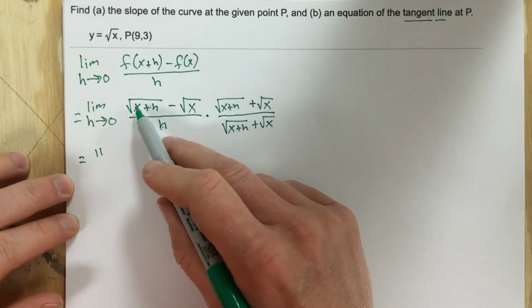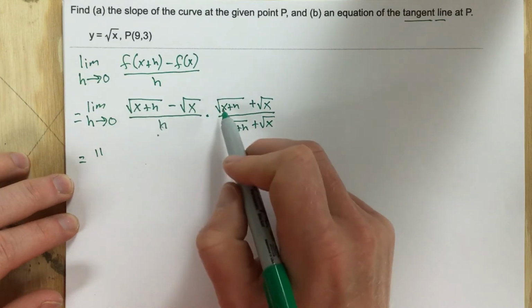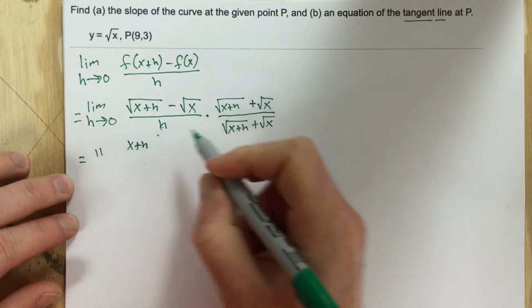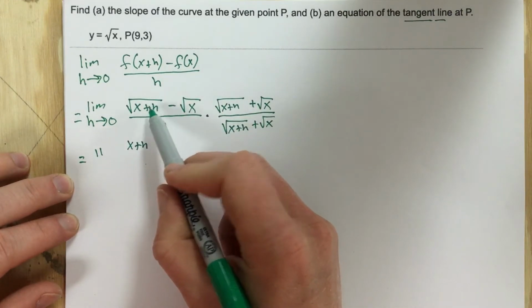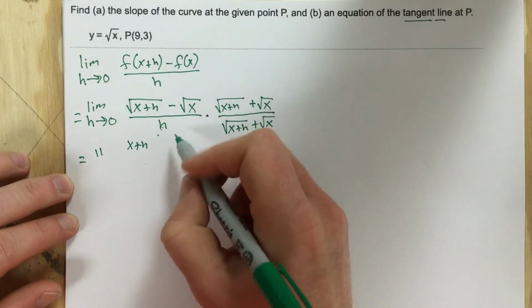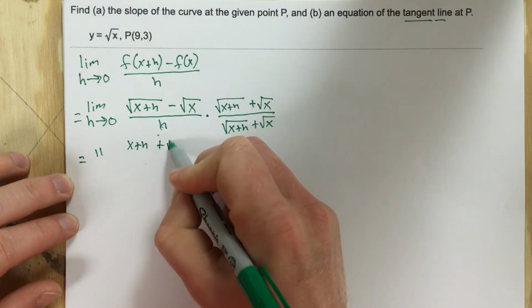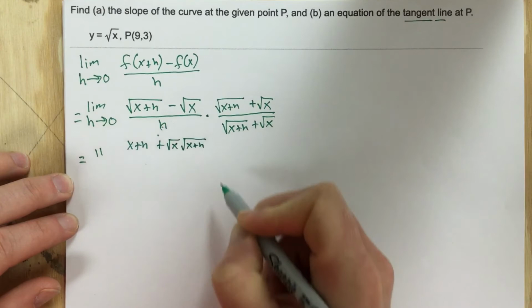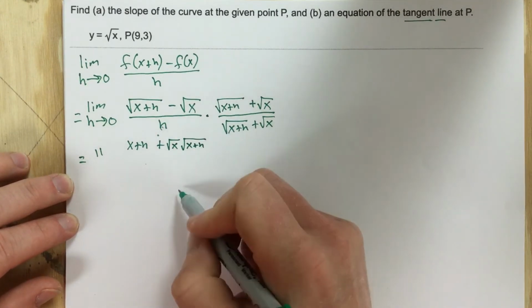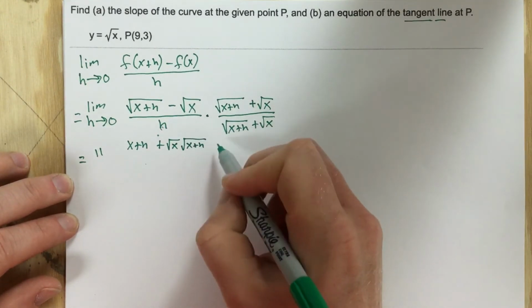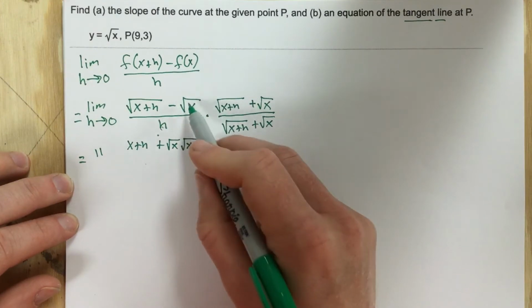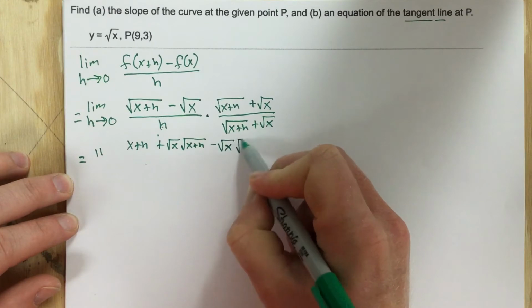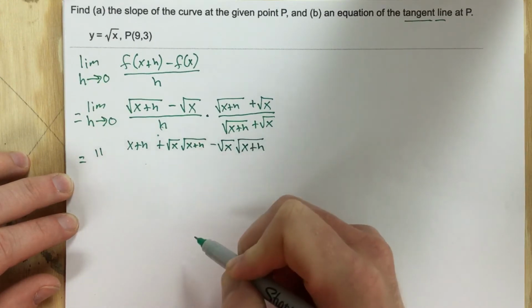When you multiply these, you get root of x plus h times root of x plus h. That just gives you x plus h. Then you get root of x plus h times root of x. That'll just be a positive root x, root of x plus h, and I'm not going to combine them together. I'm just going to leave it like this, although I can combine them together. It's not going to matter. You're going to see that in a second. Now I take the negative version, or negative root x times this, and I get negative root x plus h.